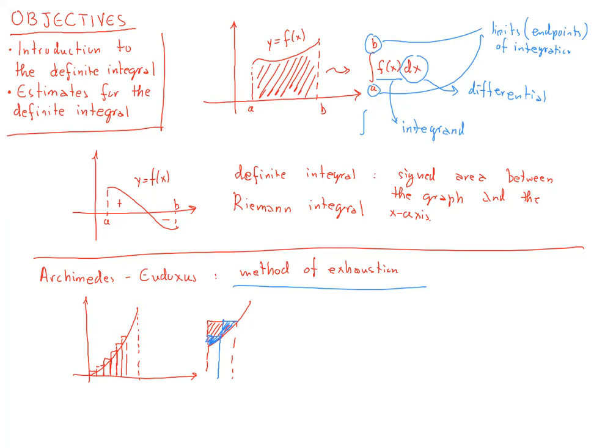And if you do it from the inside, then you really exhaust your region by using rectangles, hence the name method of exhaustion. And actually, Archimedes was able to give some very interesting computations of things that were done again hundreds of years later.